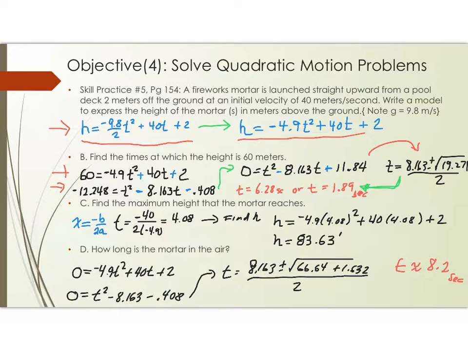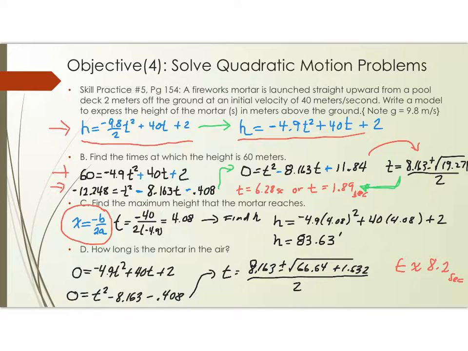So part C and D is something that is not directly in the book, but it asks you, does the mortar reach 100 feet? So we want to find out, well, how high does it actually get? So there is a formula to find out the maximum height, and for a quadratic equation, the formula for finding the t at which the maximum height occurs is t equal to a negative b over 2a.